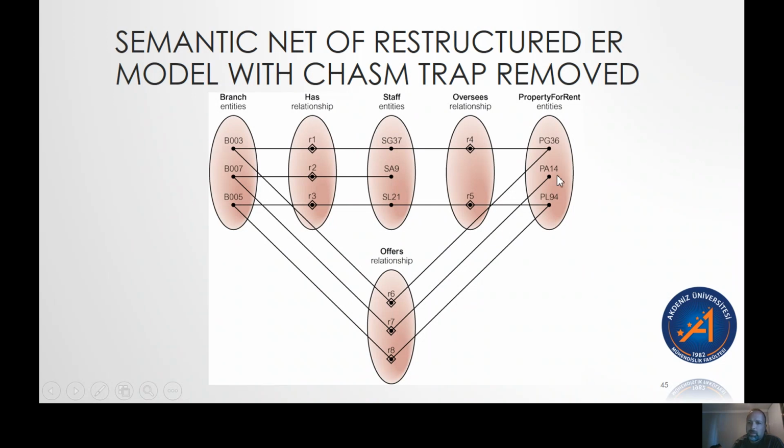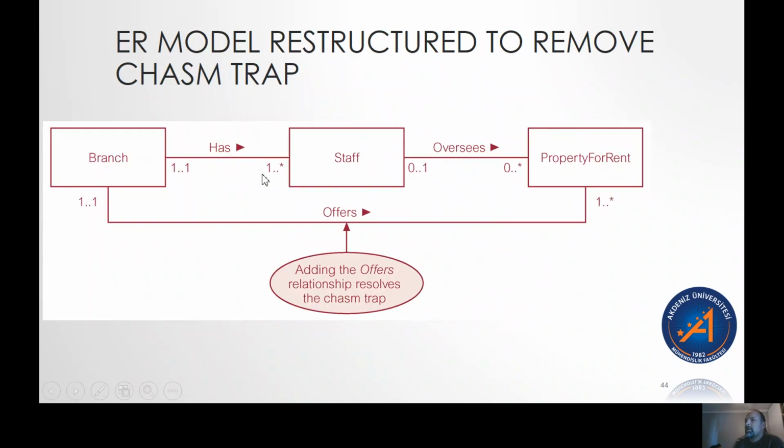All right, so those are the two traps. One key here I want to make sure you understand. If this participation is not required, if we have a one-to-many and a one-to-many, and the participation on this side is not required, as shown here, you likely have a chasm trap. If the participation is required, we do not have a chasm trap.